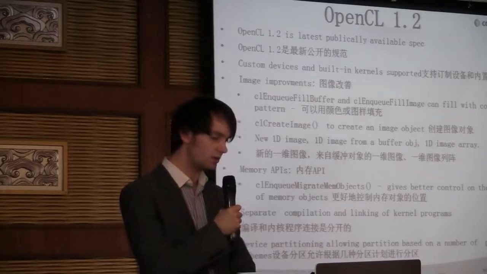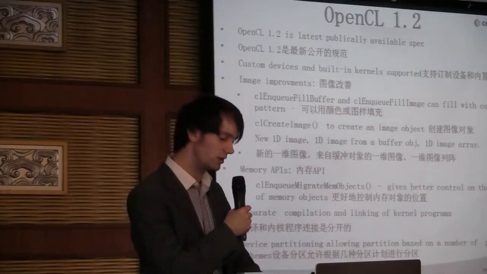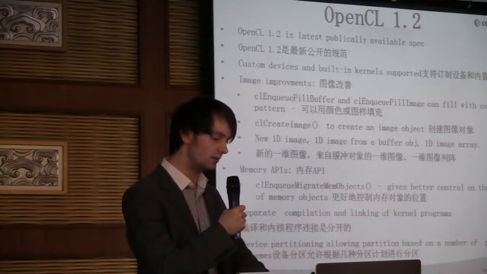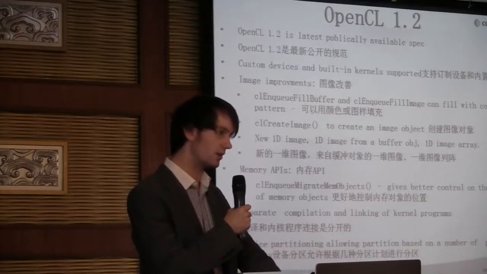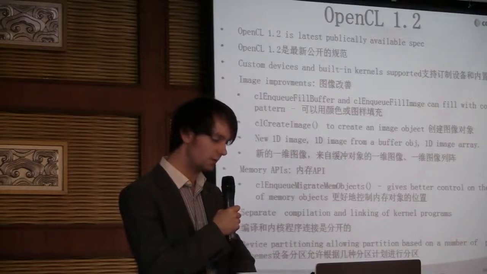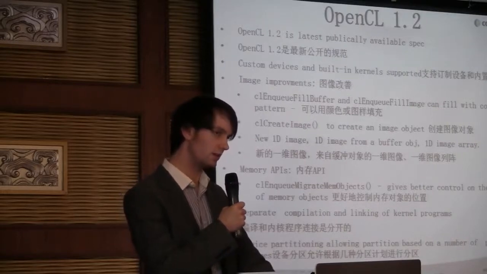With OpenCL 1.2, you can compile many different types of kernels and then link them together. This wasn't previously available in OpenCL 1.1. What that lets you do is write different kernels for different types of task.